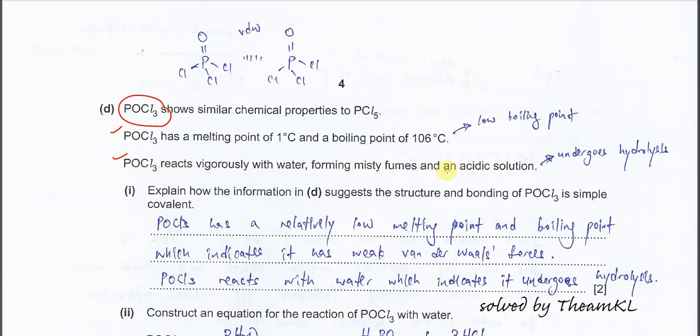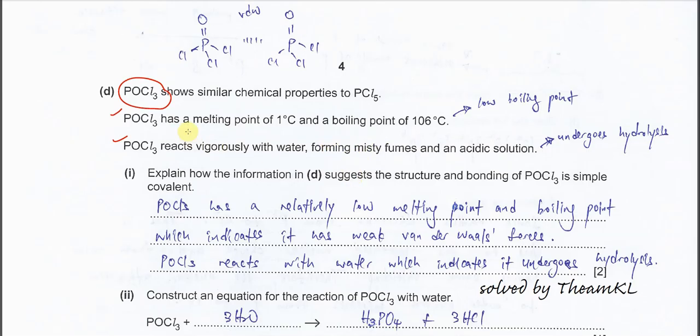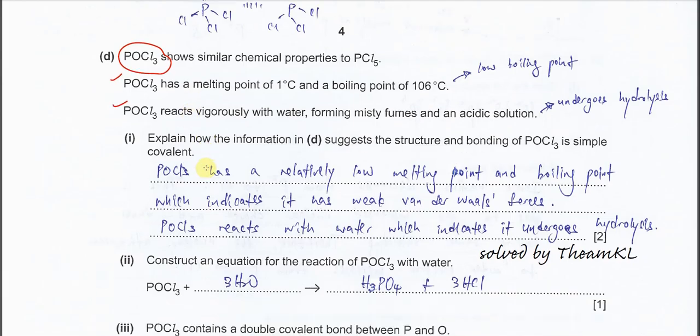This also tells us it has a simple molecular structure, because giant structures like diamond, graphite, SiO2 will not easily react with water and form something. So these two statements tell us that POCl3 must have a simple molecular structure. If you understand this, then you can, of course, explain nicely.